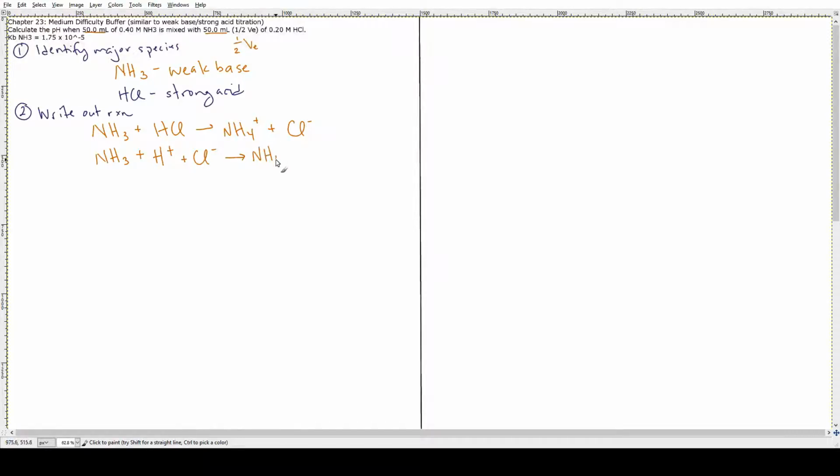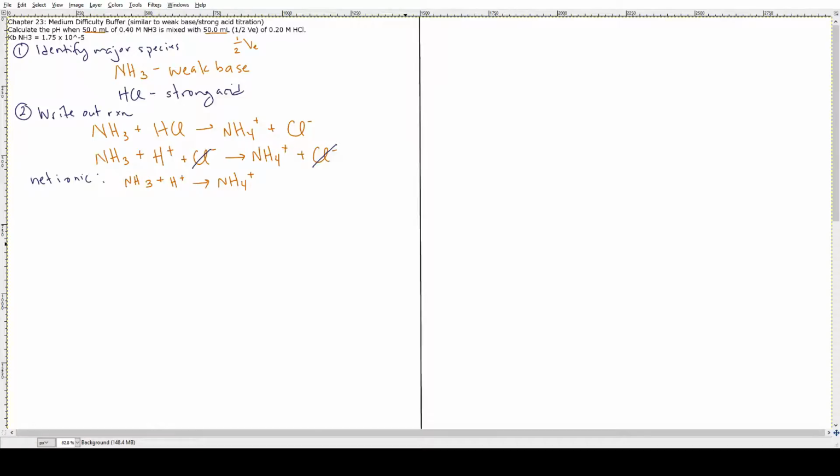Here is my ammonium and my chloride ion, and I can see that my chlorides will cancel each other out. So my net ionic, which is what I will use from now on, is ammonia plus hydrogen reacts to form ammonium.